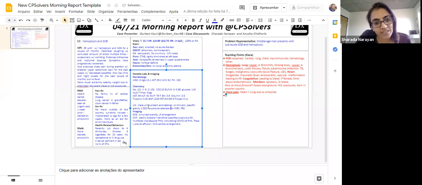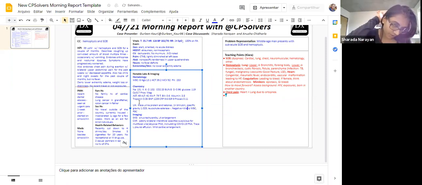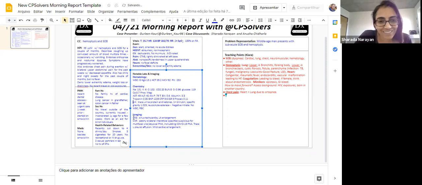And if the person has left atrial enlargement, could that be because of a problem with the mitral valve? Could it be because of a problem with the ventricle? Or sorry, not the mitral valve, the tricuspid valve. Or sorry, I am mixing up my directions. It's late in the evening for me.